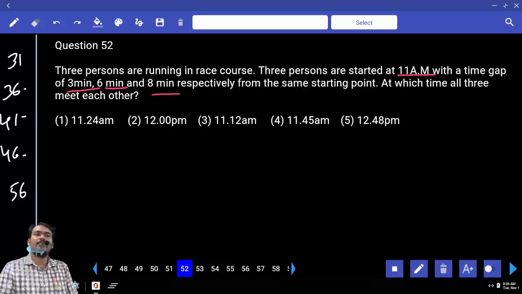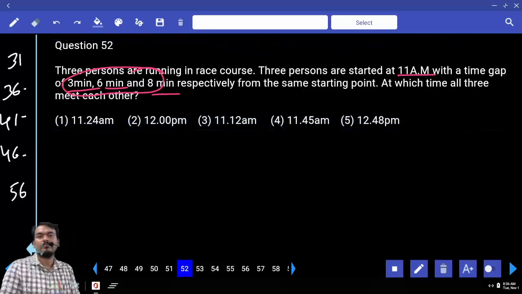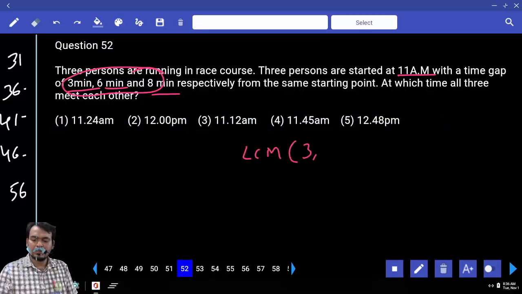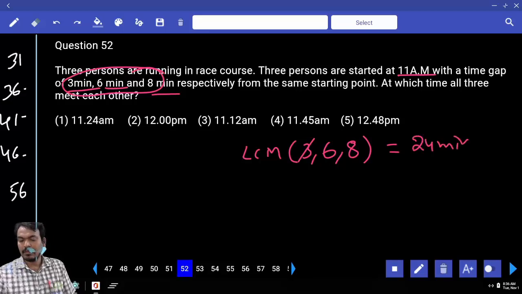Common time means common multiple of given values or not? Common multiple means LCM or HCF? LCM. What is the LCM of 3, 6, 8? 24 or not? 3 cancel or not? What is the LCM of 6, 8? 24. Already starting time is 11 am.